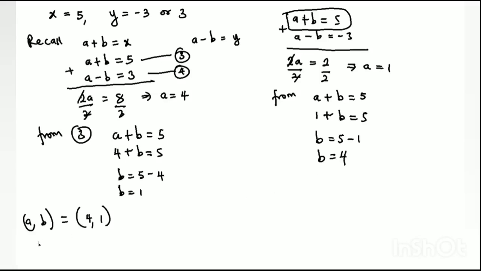So our a, b is equal to, our a here was 1 and b here was 4. This change happened because we had two values of y, which were minus 3 or 3. So the value of a and b here is 4, 1 or 1, 4.